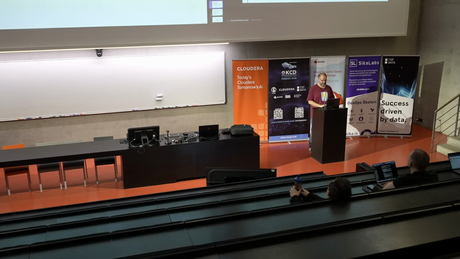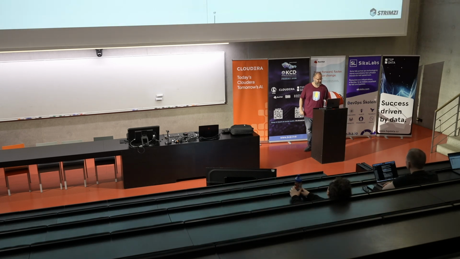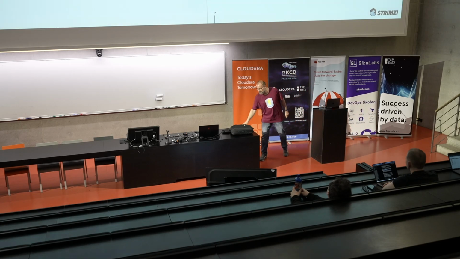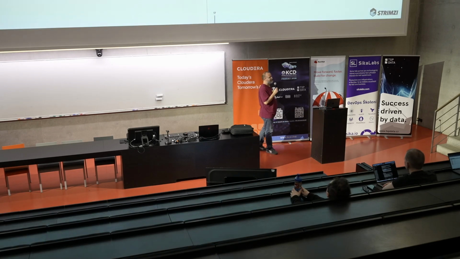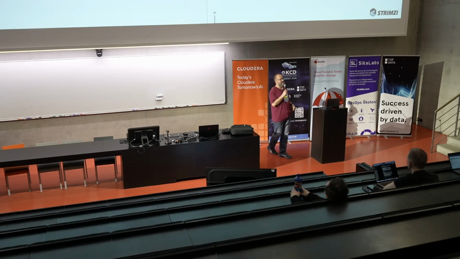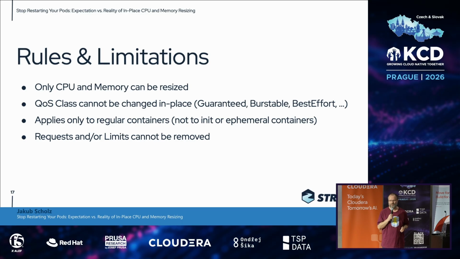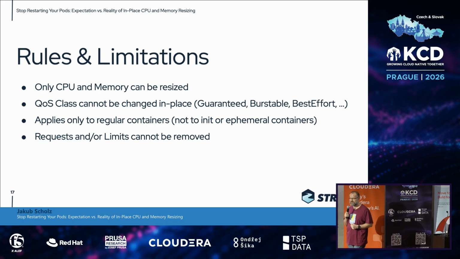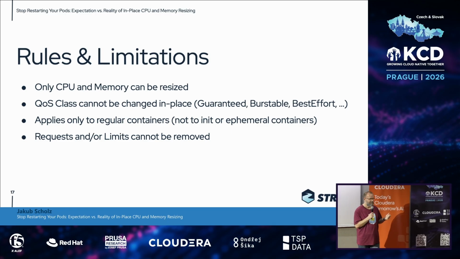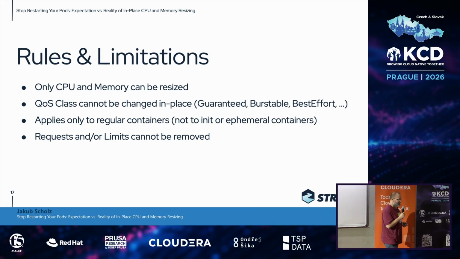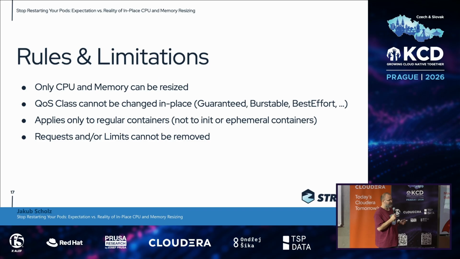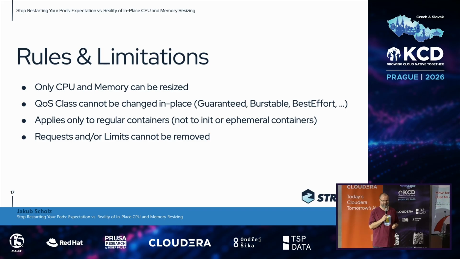Right, so let's continue a bit more. There are some more rules and limitations. The first one is that today you can resize only CPU and memory. You cannot resize any other resources. Obviously, it's still a relatively new feature, so this might change in the future, but right now this is the state. You also can't change the quality of service classes.